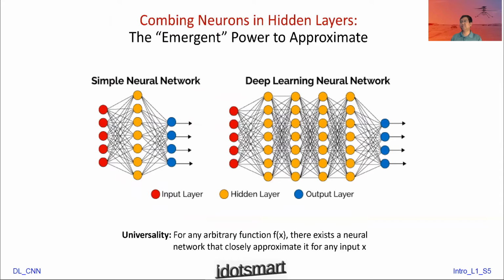We have a simple neural network as shown at left. You have an input layer, one hidden layer, and an output layer. For this model, you have five inputs and four outputs. For a deep learning neural network, you have more layers, more hidden layers. If we put in more hidden layers, the neural network performance should be better.